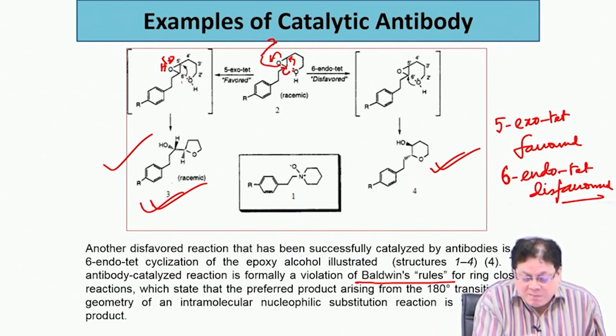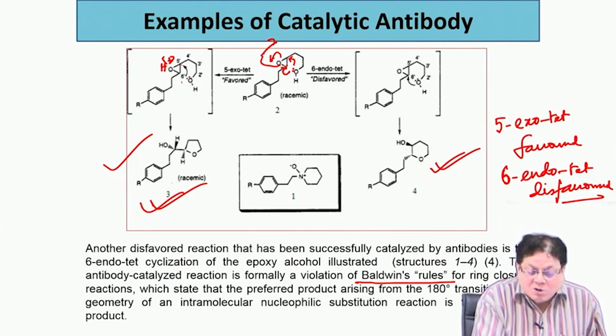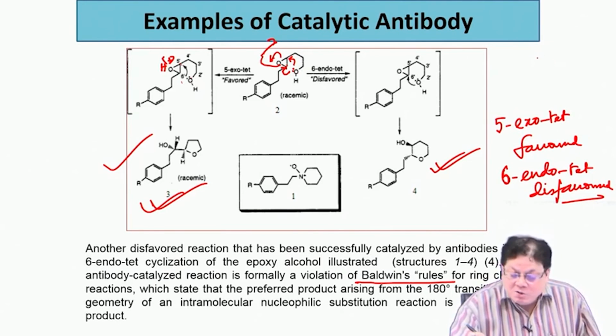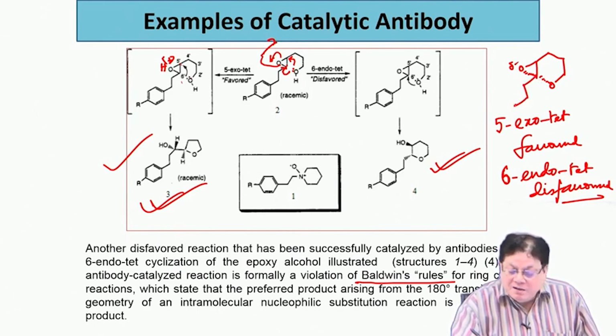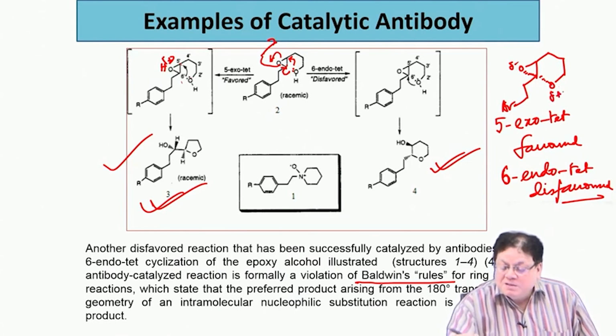So, this will be delta minus and this oxygen will be delta plus. So, maybe I can draw the transition state. So, that is delta minus, and then what you have is oxygen. These are half bonds. These are not formed fully, and this is the aromatic ring, and that will be delta plus.